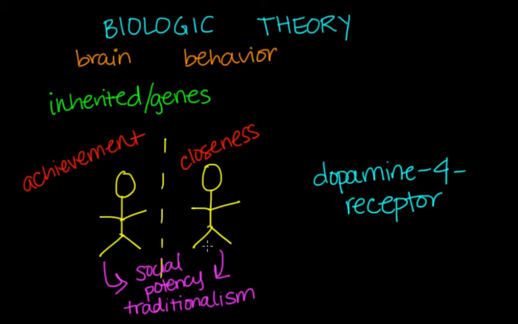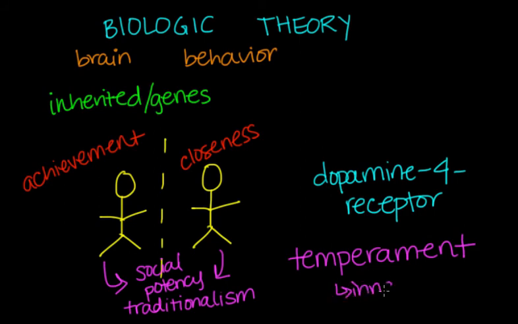Now, another key word to know with this theory and many other theories is the word temperament. Temperament is an innate disposition, and that's why I bring it up with the biologic theory, because of that word innate. Innate usually means brought about by genetics, or inherited.